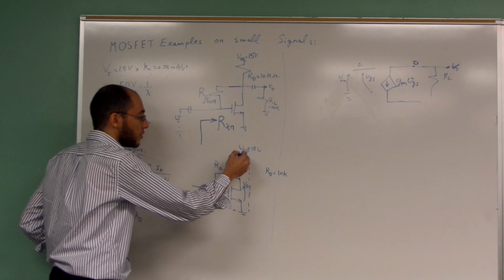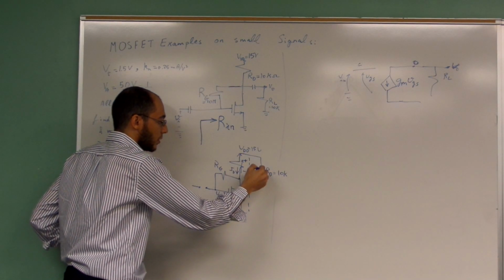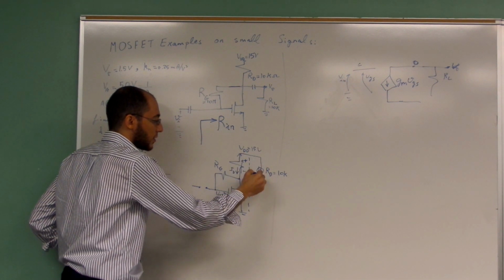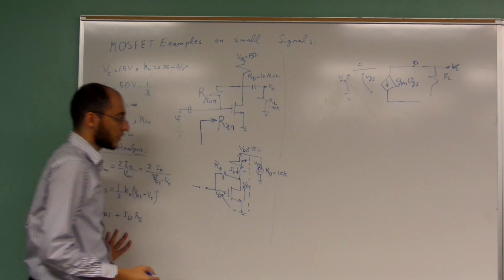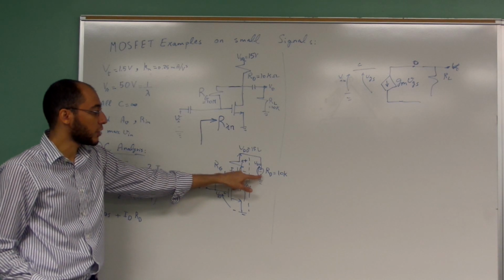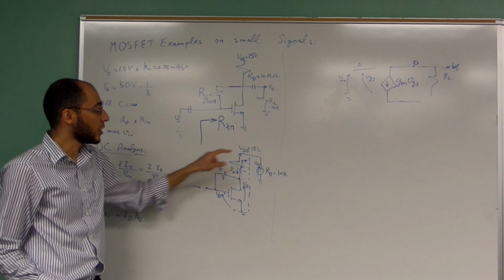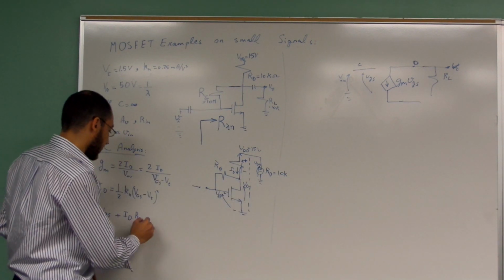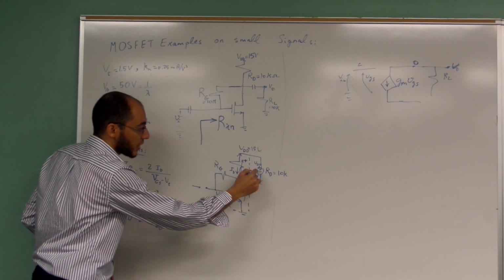You can assume that this is connected to VDD, so this connection means there is a voltage source whose positive is connected to this terminal and whose negative is connected to the ground, which means that this is minus VDD, opposite to the direction of motion.